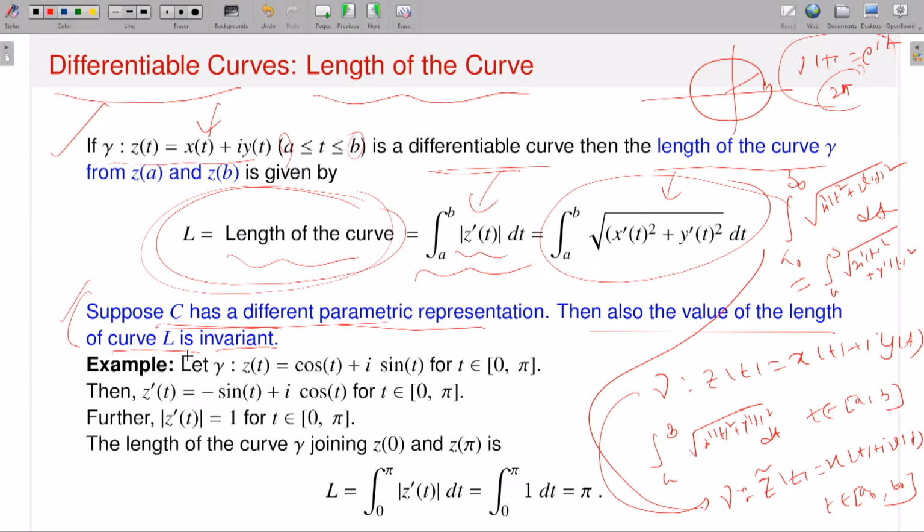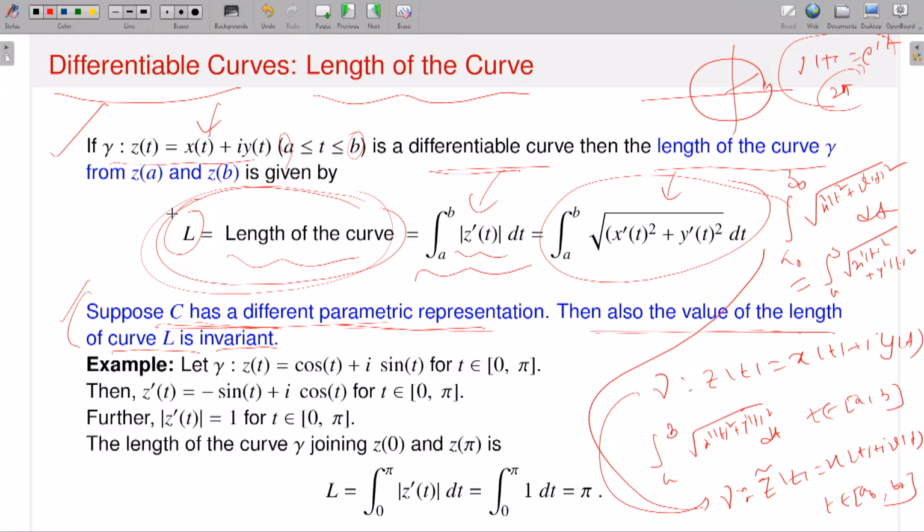That means whatever parameterization I use for the same curve, the length will be the same. Therefore it makes sense to give the length of the curve in terms of the parameterization.